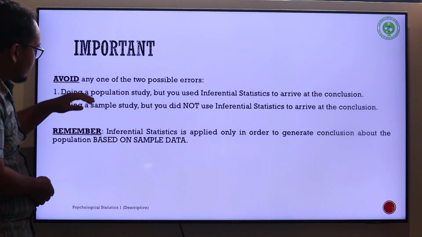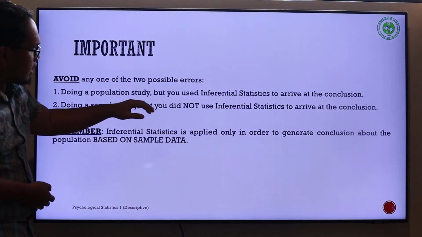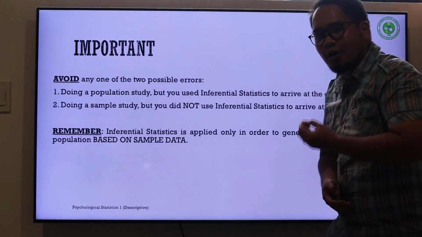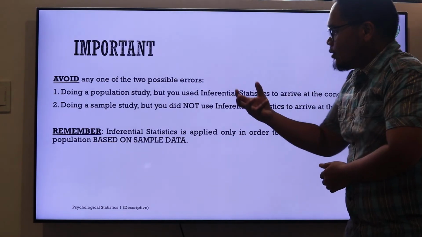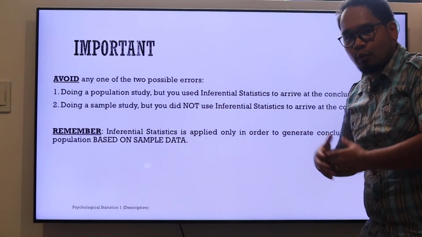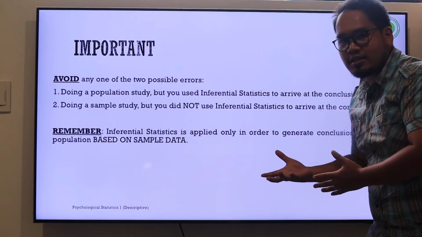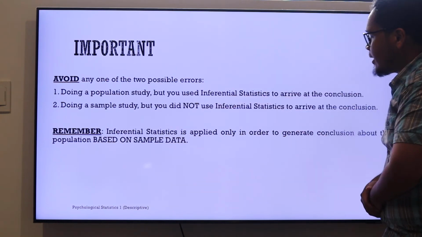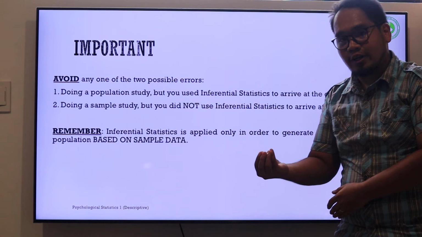Please avoid doing a population study but using inferential statistics to arrive at the conclusion. This is one common error, everyone. When you perform a population study, when you gather everybody's data, when you perform a census, you do not need inferential statistics because you do not need to infer.